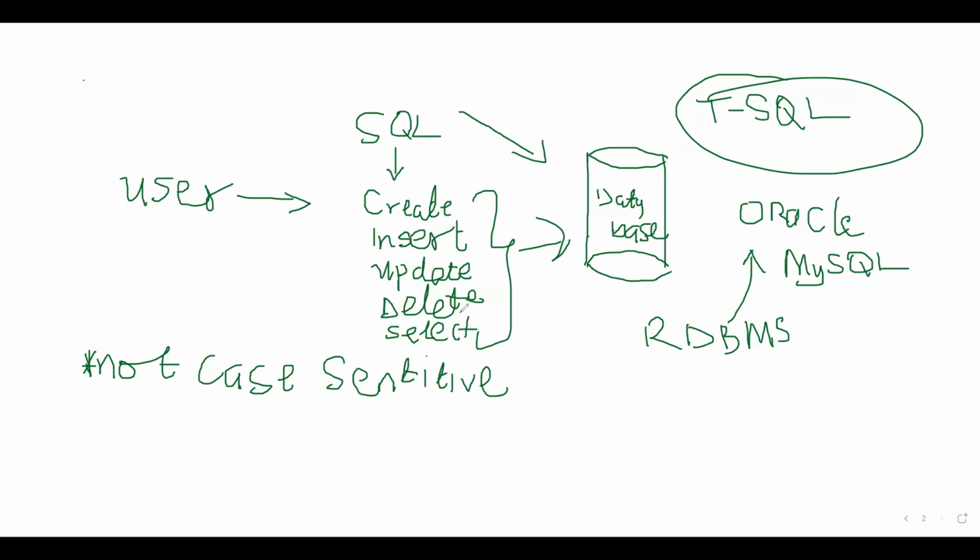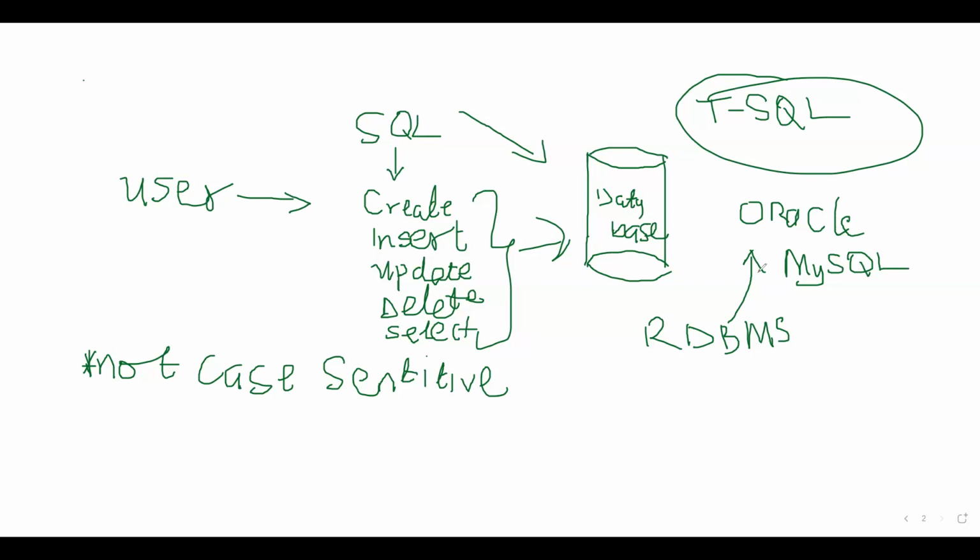All right, so there are some of the attributes of an RDBMS, of a relational database management system. So one of them is the table. The data in an RDBMS is stored in database objects, which are called tables.